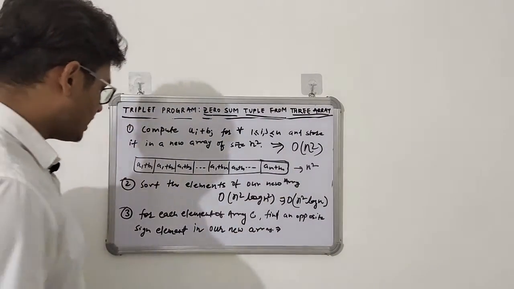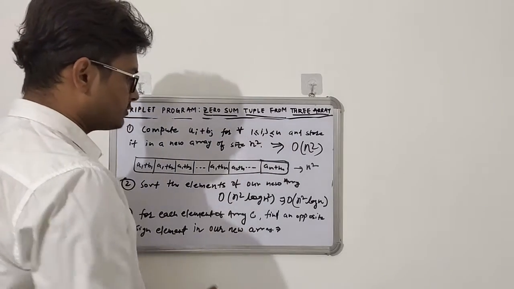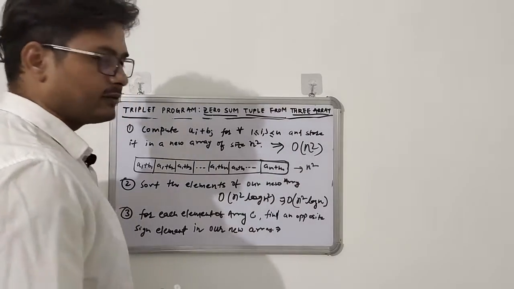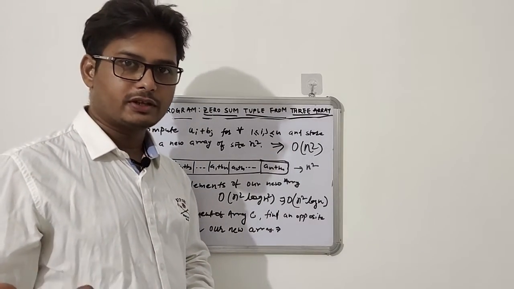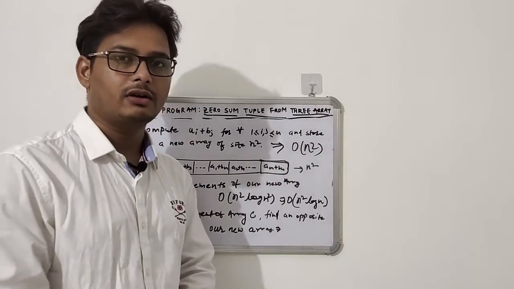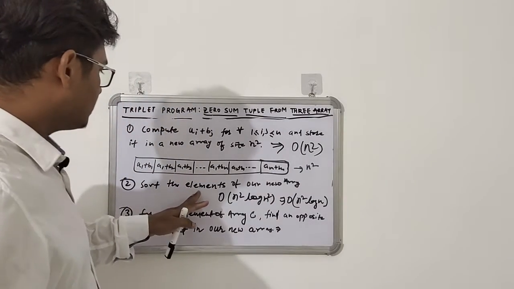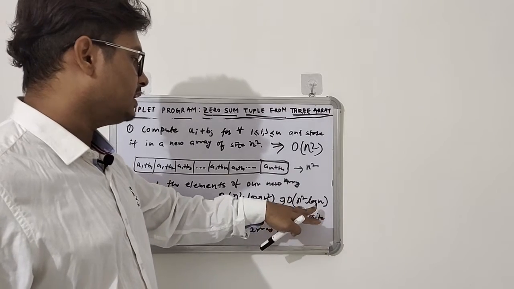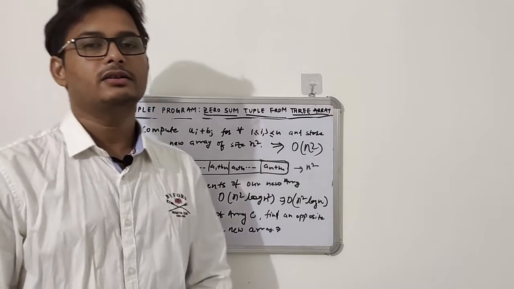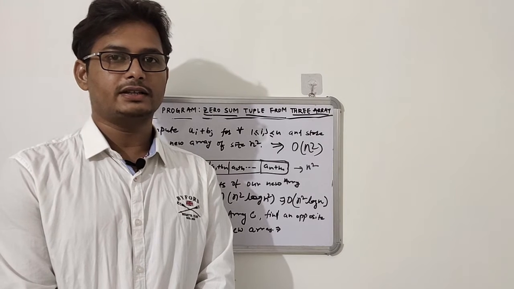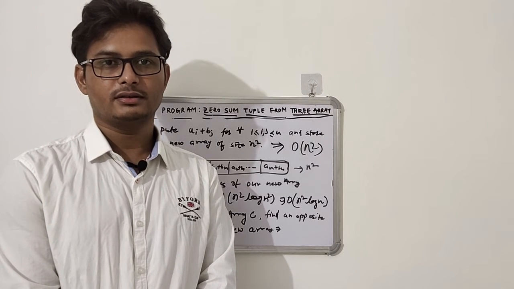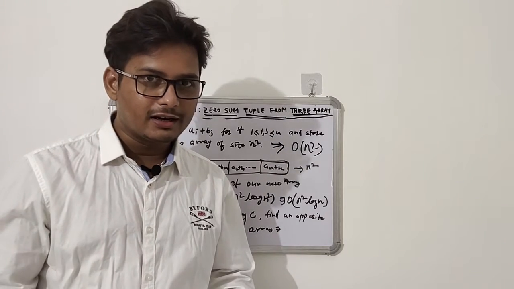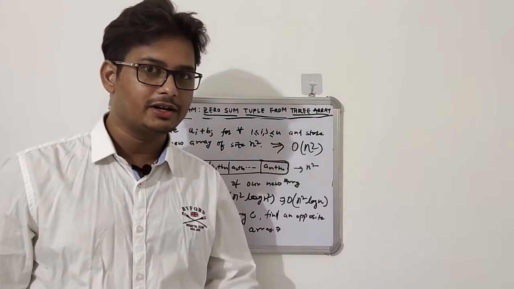Now you have to tell me how much time step 3 is going to take. For each element of C we have to search in our new array. We already know that in the second step we sorted the new array. If we apply search in a sorted array, how much time will it take? We can easily apply the binary search algorithm in our new array.